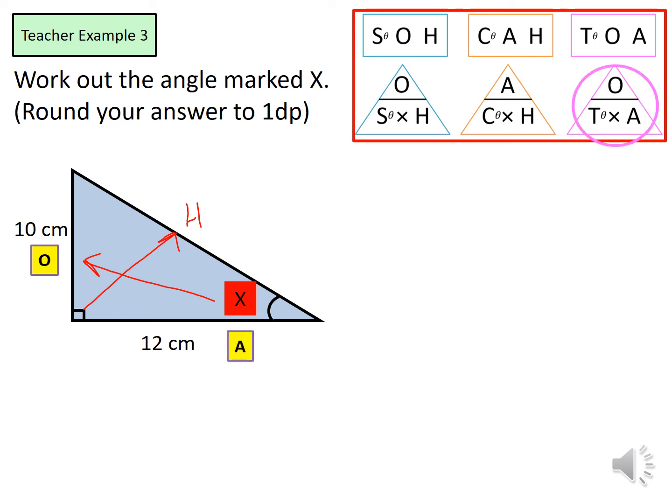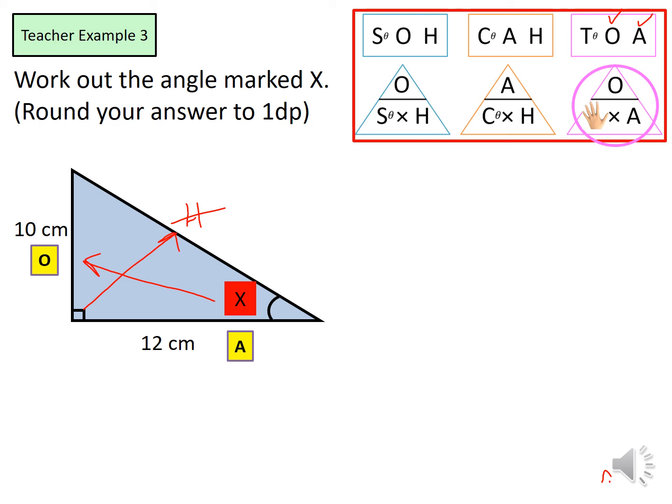We don't need the hypotenuse because it does not have a missing length or value to it, and we're looking at a trig formula with opposite and adjacent in it. So let's look at our trig formulas. Opposite and adjacent is the tangent ratio, so we need to be concentrating on the tangent ratio.